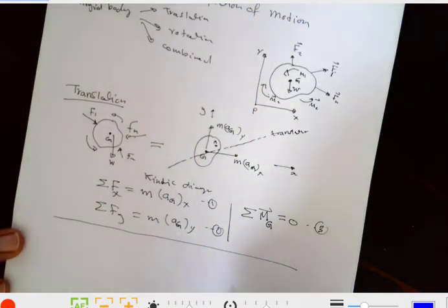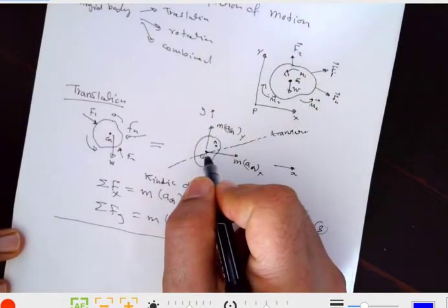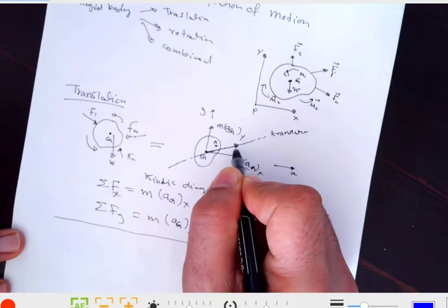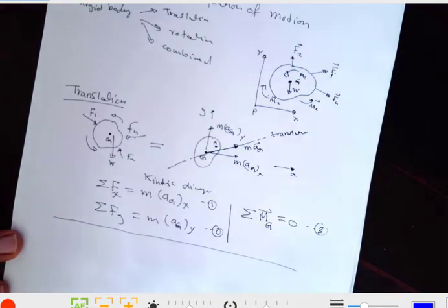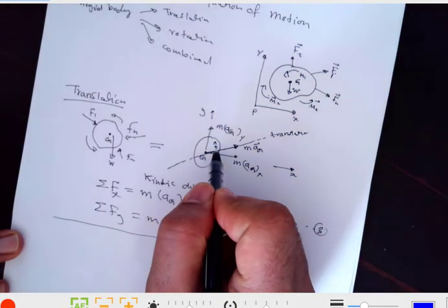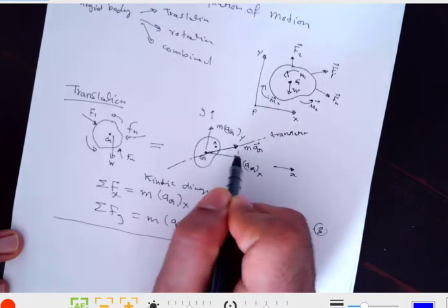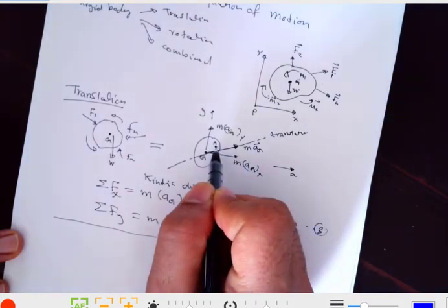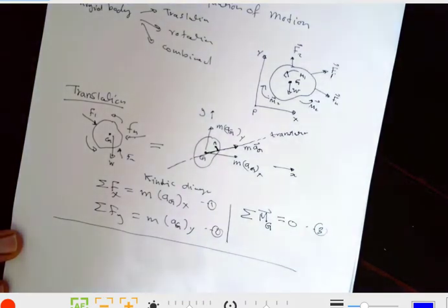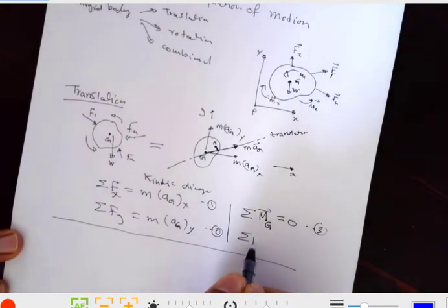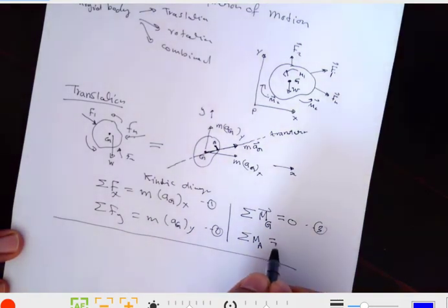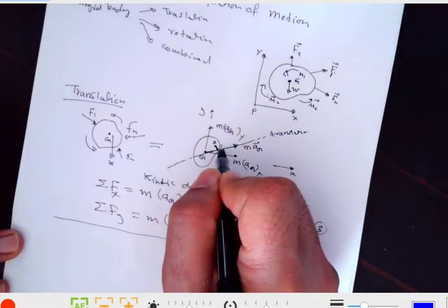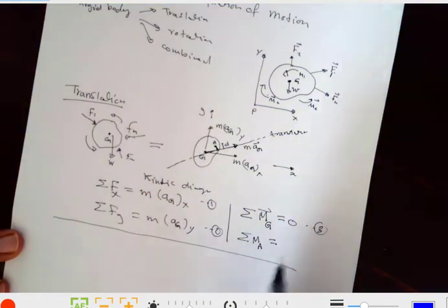Meaning, if this is the vector m a_G, then this inertia has a moment, and if I compute the moment of that inertia at point A, it's going to be equal to the distance d multiplied by that inertia.